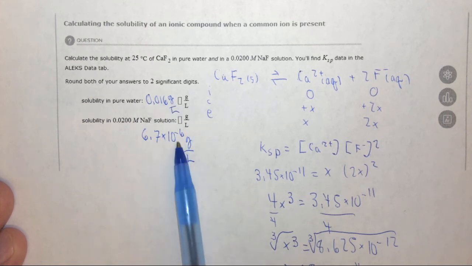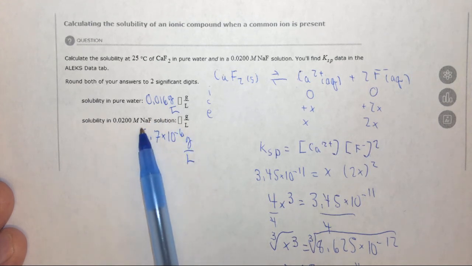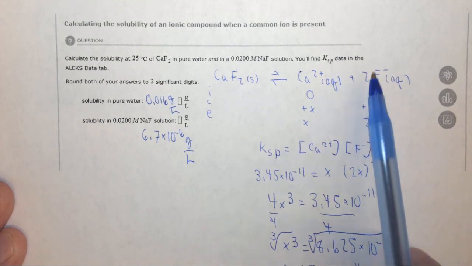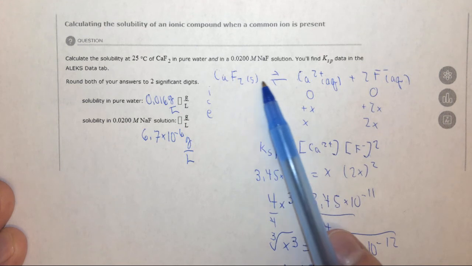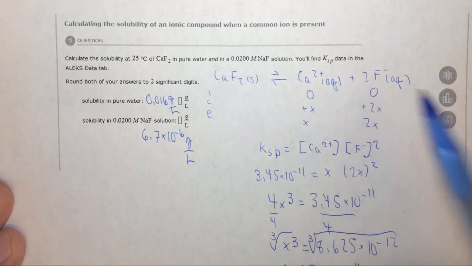So this is 4 orders of magnitude smaller. It is much less soluble with a common ion present. And the reason for that is, if there's already F- in solution, this equilibrium is going to be less likely to shift towards the soluble ions because there's already some F- present.